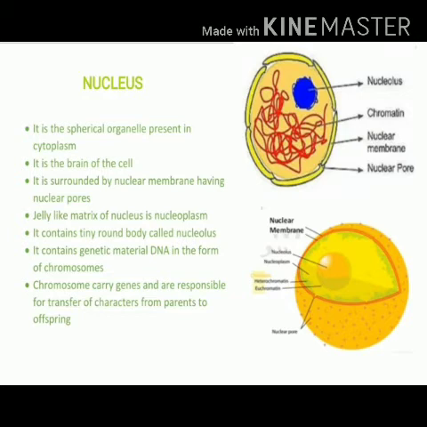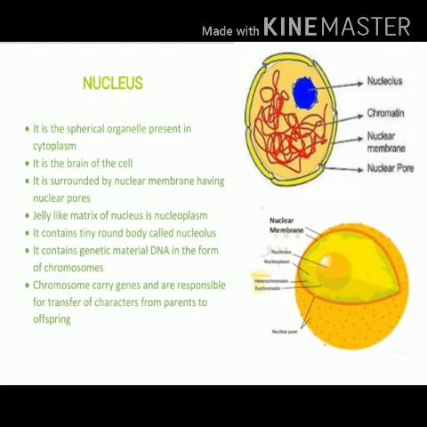Apart from the nucleolus, inside the nucleus you will observe thread-like structures, and these are called chromatin. During cell division, these chromatins get condensed, change shape and form the rod-shaped structures called chromosomes.